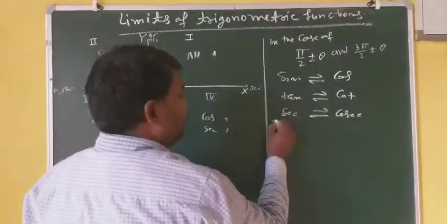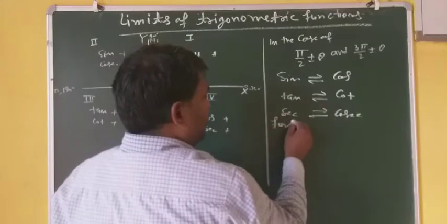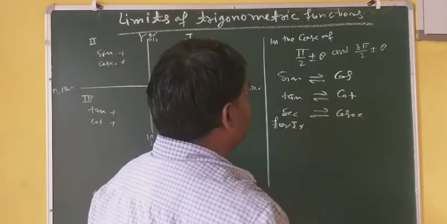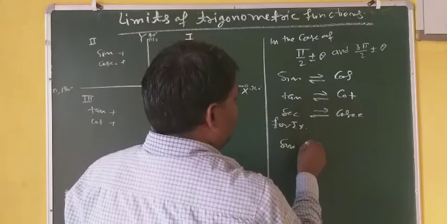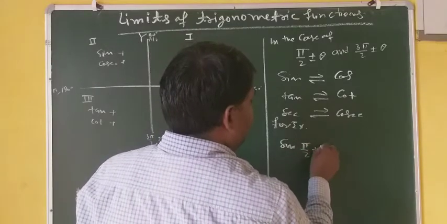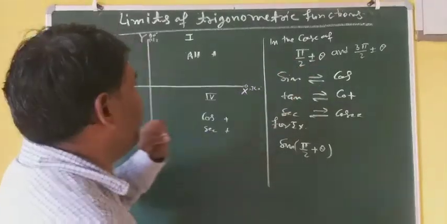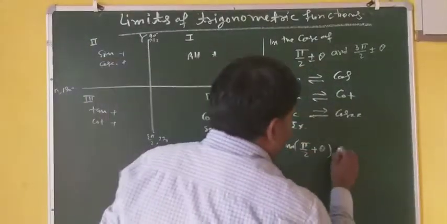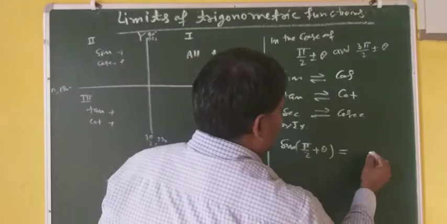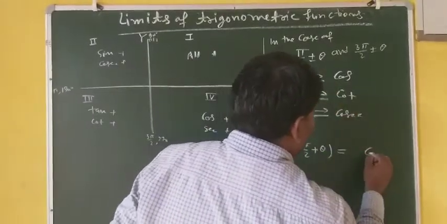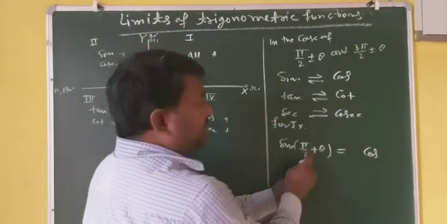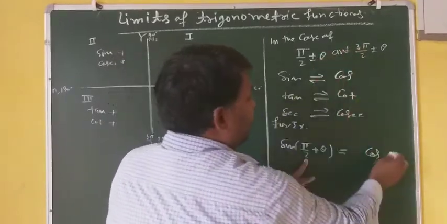For example, sine of pi by 2 plus theta. Now see where it is. It is obvious that sine will change into cos, so you need to write cos. Leaving this pi by 2 or 3 pi by 2, only theta will appear.